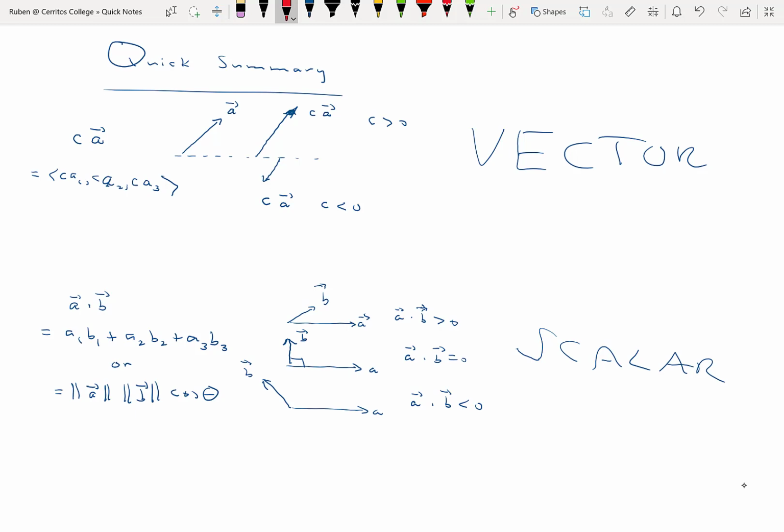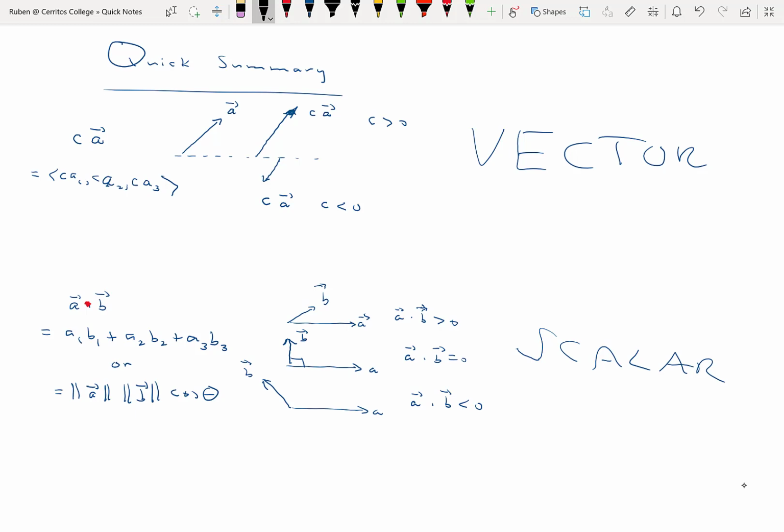On the other hand, the dot product of two vectors, the scalar product, doesn't produce a vector, it produces a scalar. I've rewritten the two very popular formulas we have for the dot product, and a nice geometrical result we get from it.